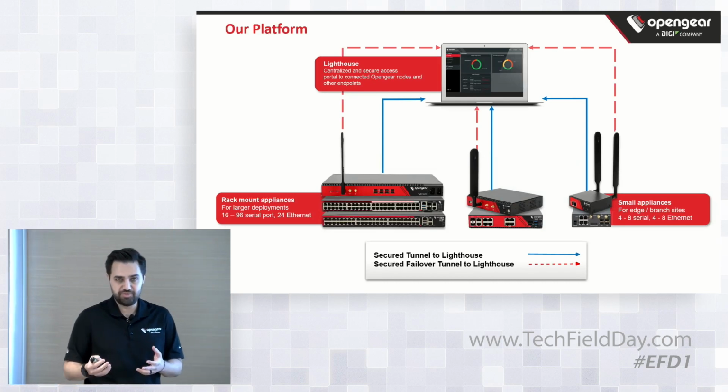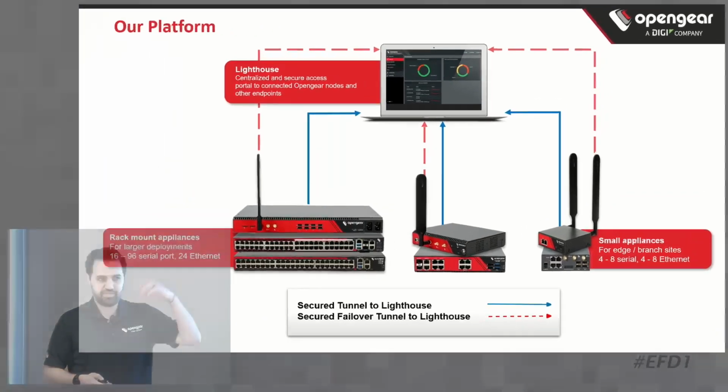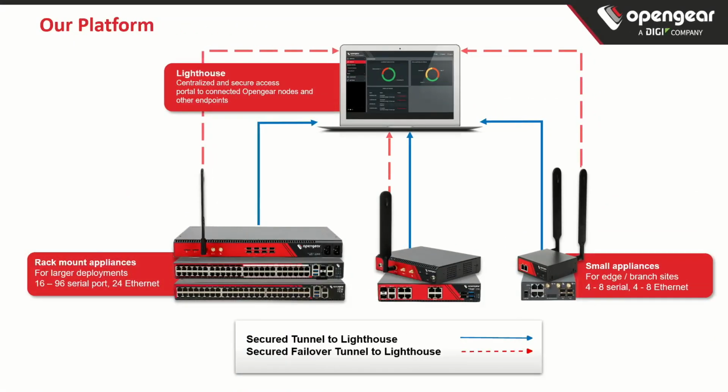So our platform essentially all starts with our Lighthouse, which is our centralized secure access portal. And from there, you have secure connections, whether it's through in-band or cellular, to Lighthouse from each physical device. On the right, we have smaller port density devices that are usually for edge or branch sites.